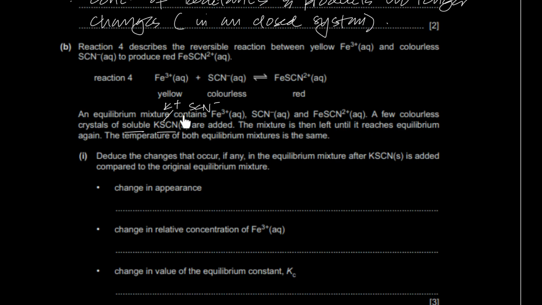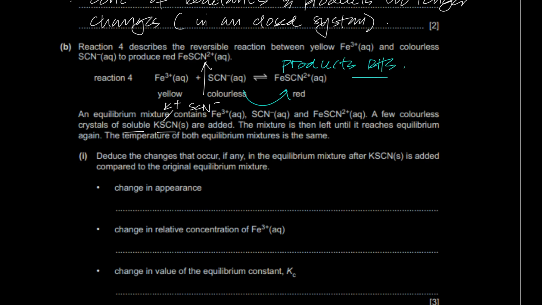What does Le Chatelier's principle say? The system will counteract so as to minimize the change. So what you've done is add more SCN minus ions, increasing this concentration. The system will want to decrease it by making more products, by shifting the equilibrium to the right hand side.